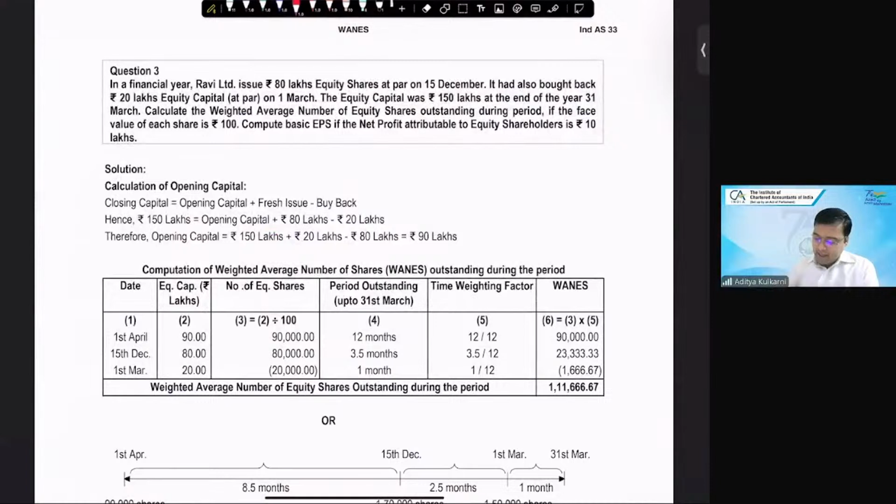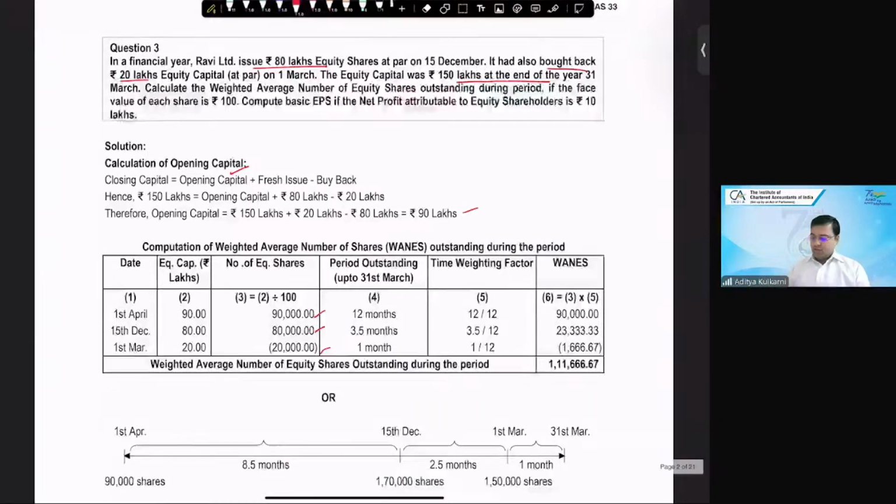Yes. Closing capital is given at the end of the year. Fresh issue is given, buyback is given. So you can get the opening capital of 90 lakhs. Then this 90 lakhs is nothing but 90,000 shares; 15th December, 80,000; 1st March, minus 20,000.